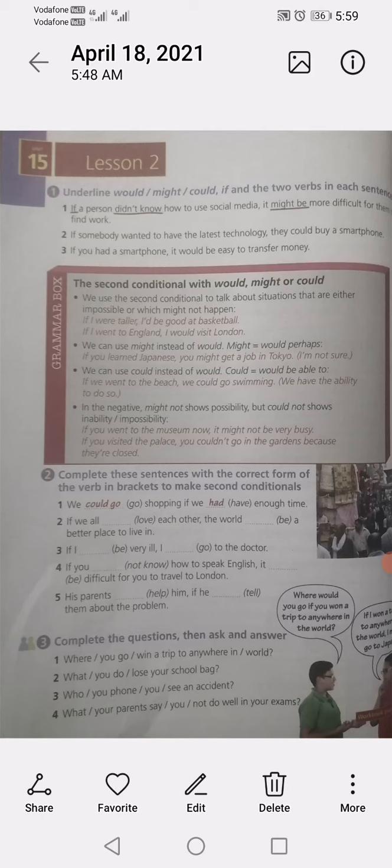Number 2. Yes, underline if, wanted, could buy. And number 3, yes, underline if, had, and would be.